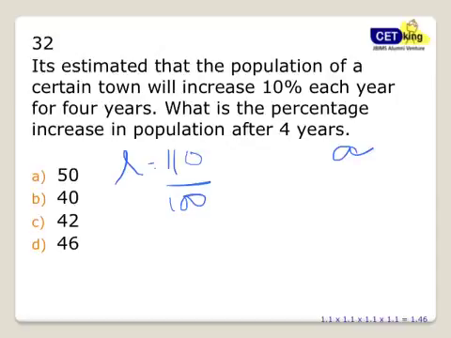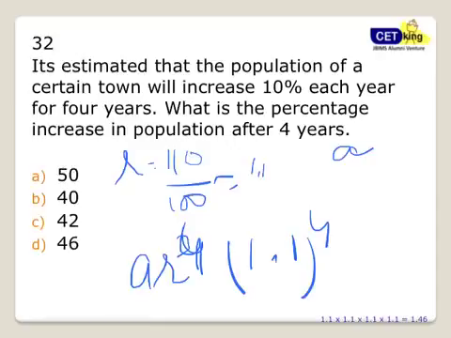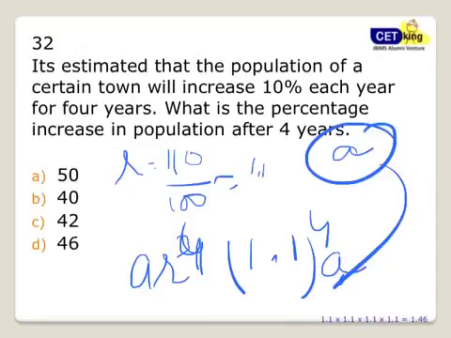R is 1.1. The fourth term, the fourth year, means AR cube. Do you have to find the fourth term, or find it after 4 terms? After 4 terms, so you have to find the fifth term. 4 iterations are done, so I want to find AR to the power 4. So 1.1 to the power 4, the percentage increase from A, into A to the power 1.1 to the 4.